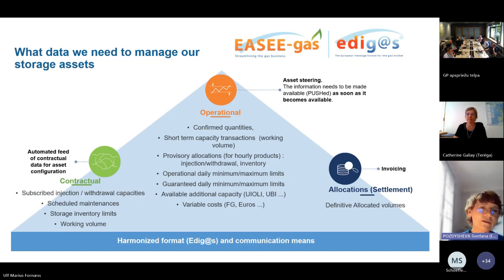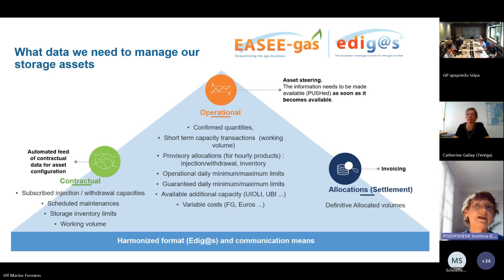Some of them are used at the beginning to implement the products in our system, but some are used constantly, daily, hourly, in our system in order to get the most value out of the storage product. And as the foundation of all this, I put the harmonized format and communication means, because obviously if all these data are not harmonized and are managed by each storage operator differently, it becomes an issue for a balance responsible party shipper.